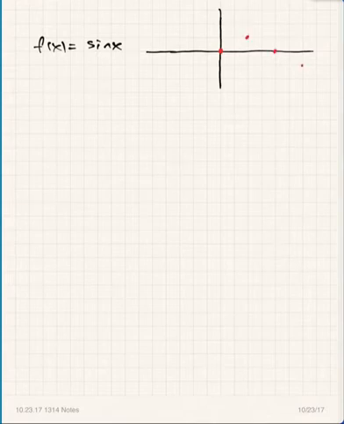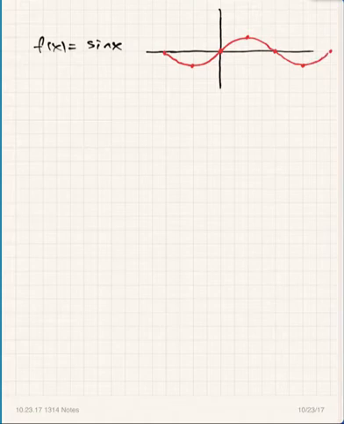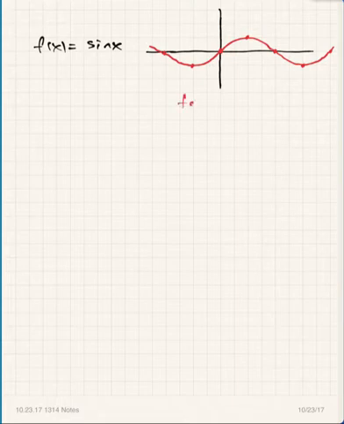You have a graph that looks like this, sometimes called a sine wave, and this graph just keeps on going like this forever, right? Never stops, and so it fails the horizontal line test. And so what trig students have to do is restrict the domain.